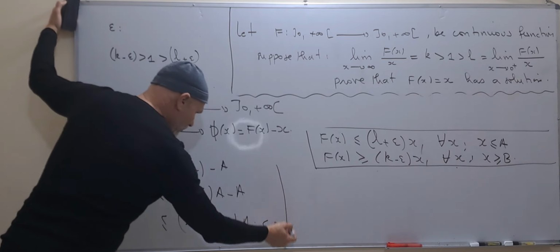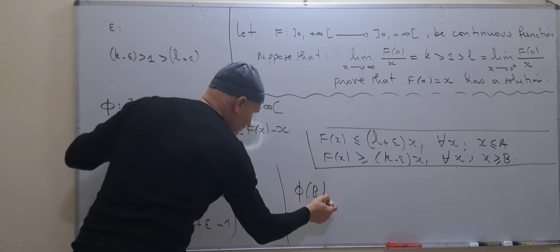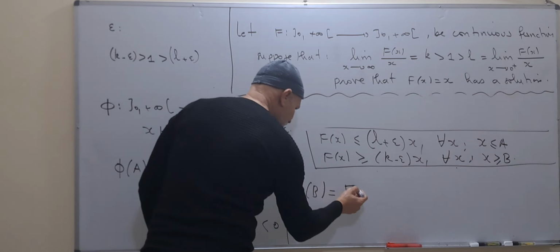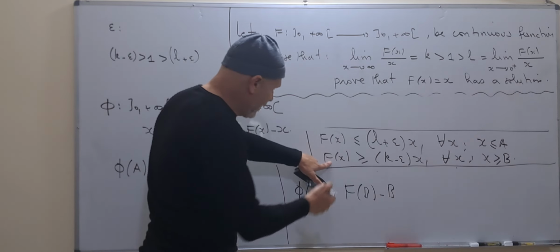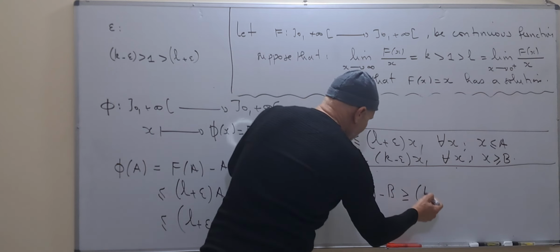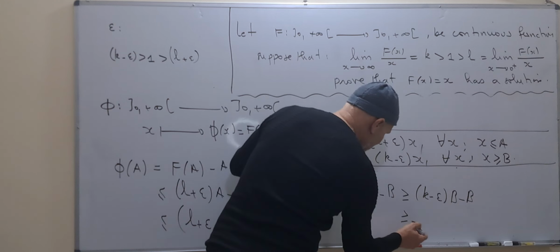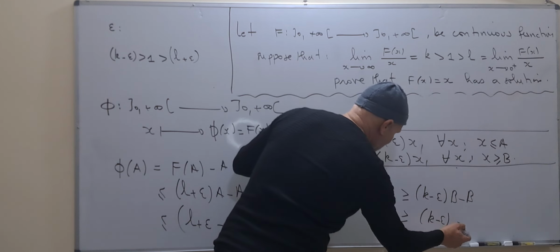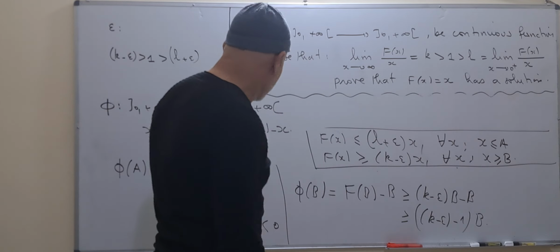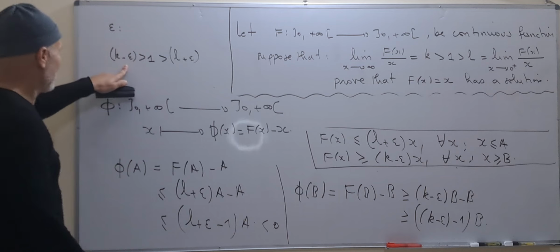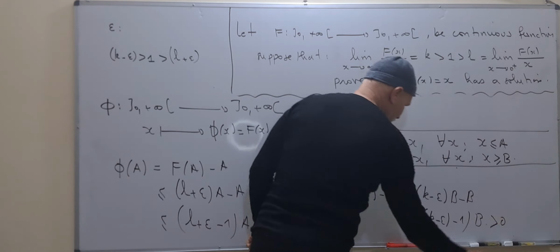The same formula gives us phi of B, which is equal to f of B minus B. But f of B is greater than k minus epsilon times B, so this is greater than k minus epsilon minus 1 times B. B is positive, and k minus epsilon is greater than 1. This means that this is greater than 0.